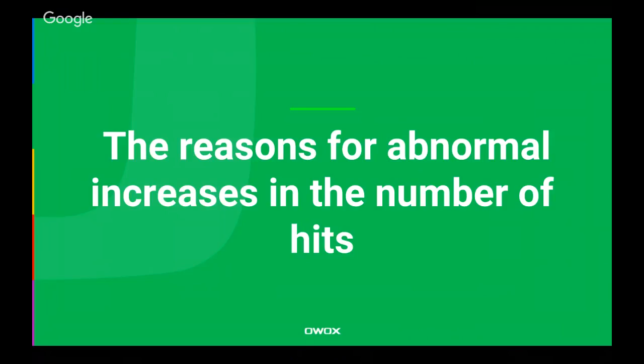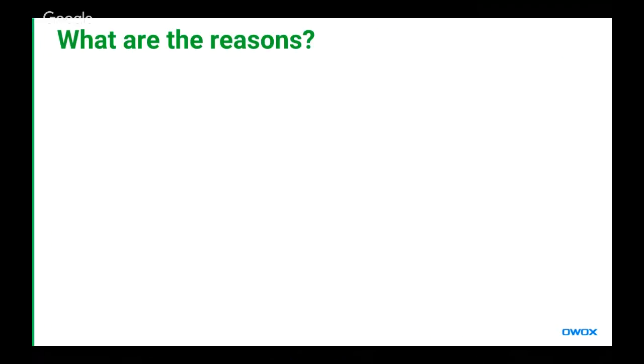we'll see what might be the causes of an abnormal increase in the number of hits. The first reason is JavaScript error tracking. For example, you've activated JavaScript error tracking and gone on a day off. I think you know the nature of JavaScript error tracking: those errors are generated in huge amounts and really frequently.